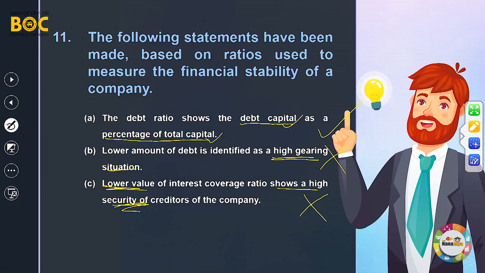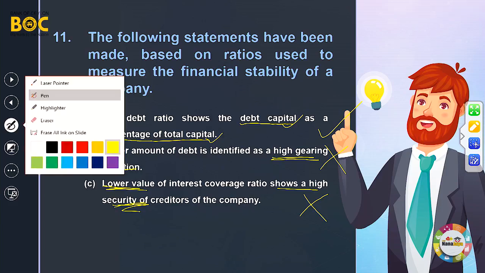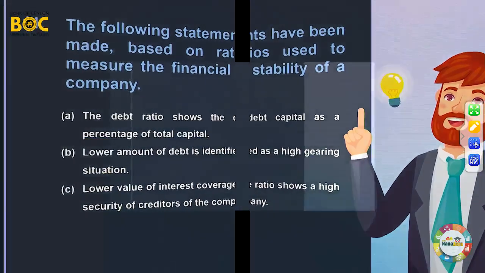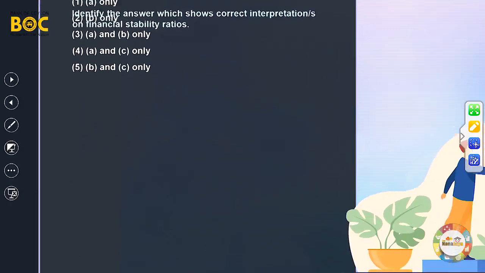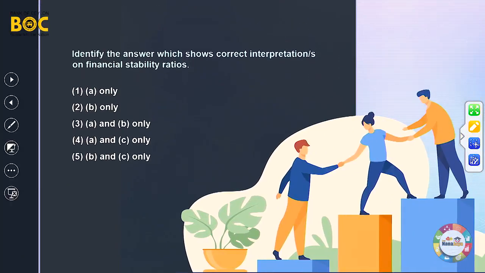Then we read the requirement: identify the answer which shows the correct interpretation of financial stability ratios.